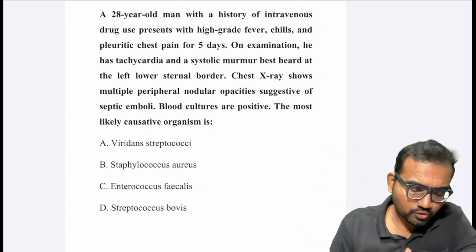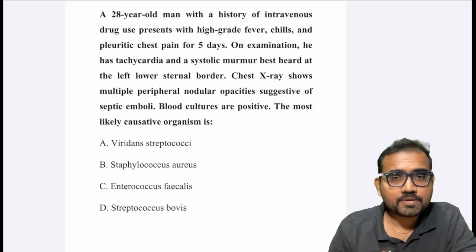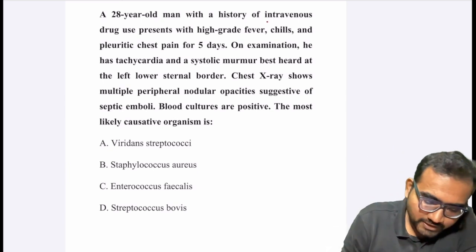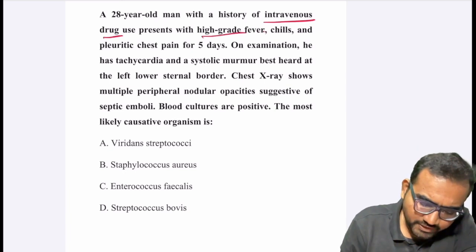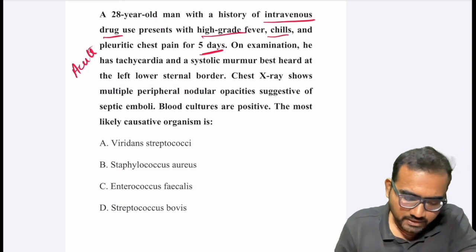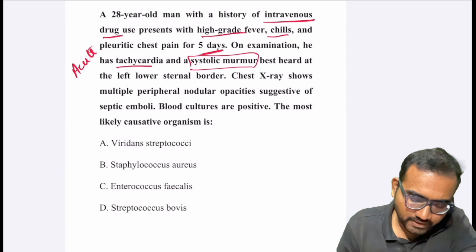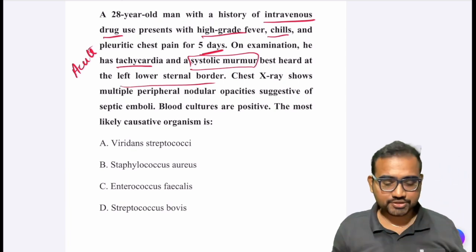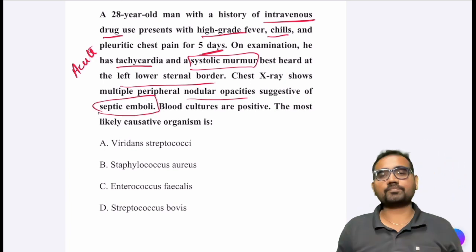A 28-year-old man with a history of intravenous drug use presents with high grade fever. The keyword I'm going to see is IV drug use. There is fever and chills for 5 days, which is acute, with tachycardia and a systolic murmur best heard at the left lower sternal border, and chest x-ray shows peripheral nodular opacities suggestive of septic emboli.